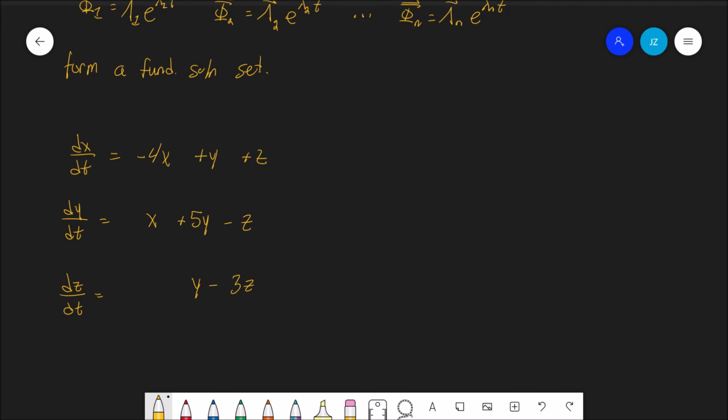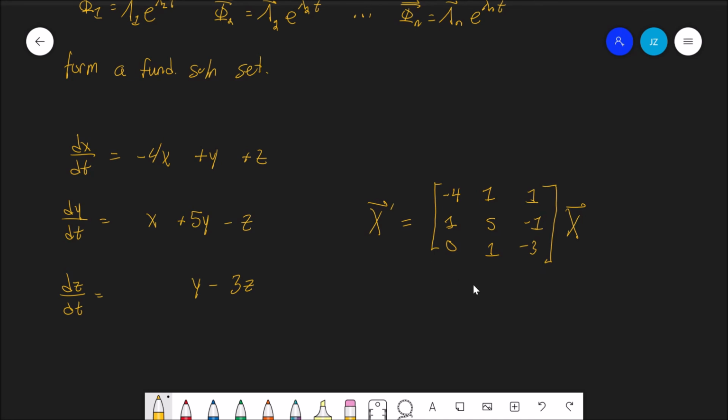In matrix form, x prime would be equal to the 3 by 3 matrix, negative 4, 1, 1, 1, 5, negative 1, 0, 1, negative 3, times x. So this is our matrix A.